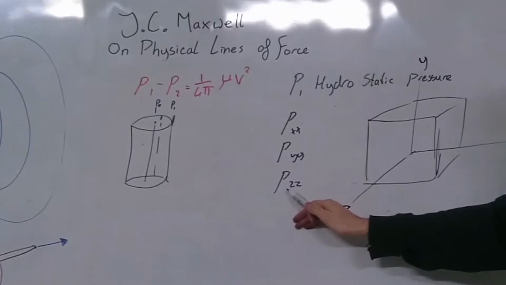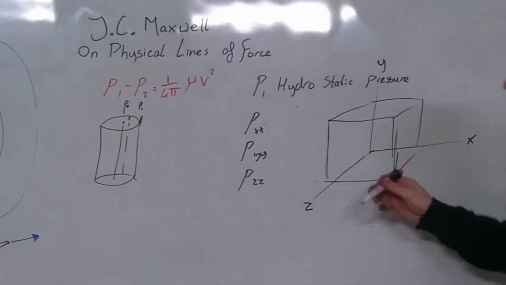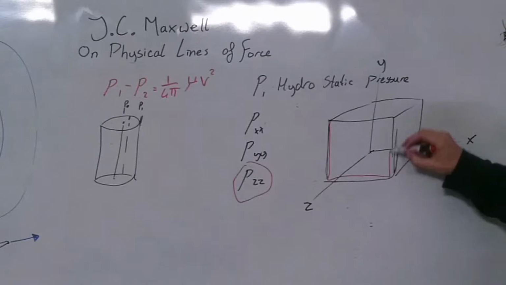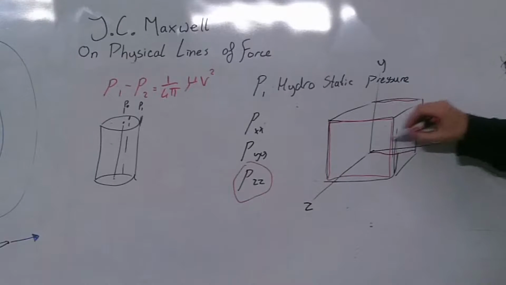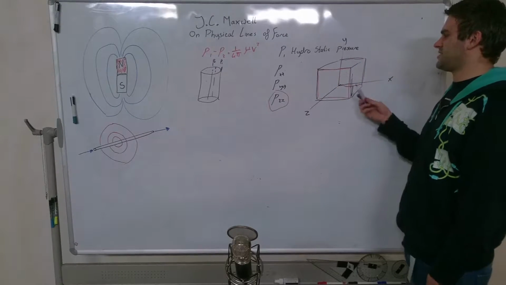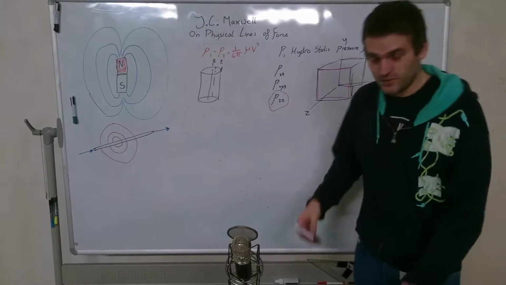So Pzz will be a stress over the zz direction. For instance, I grab red, Pzz, circle of red, will be the pressure between the front surface and the back surface. So it's between two surfaces, two sides of the cube, of the portion of the fluid.